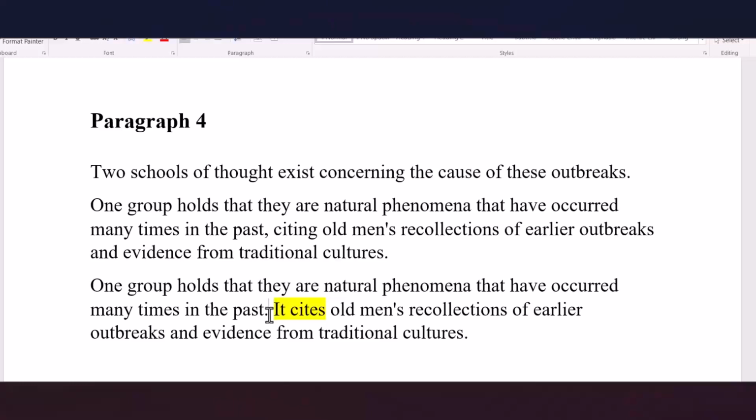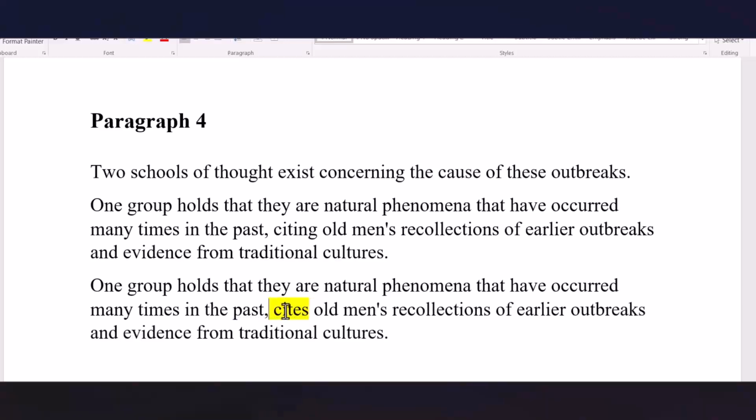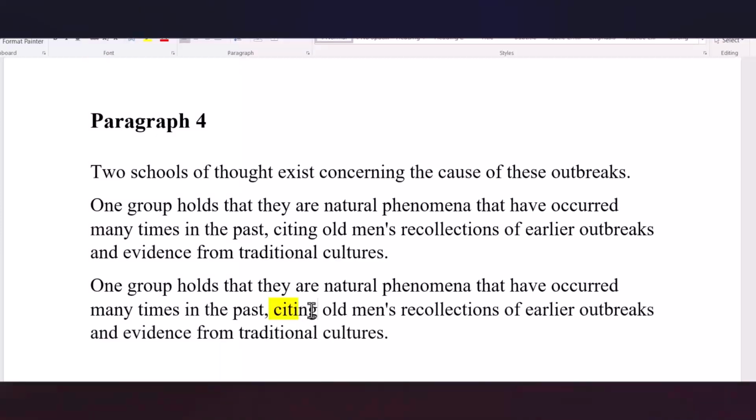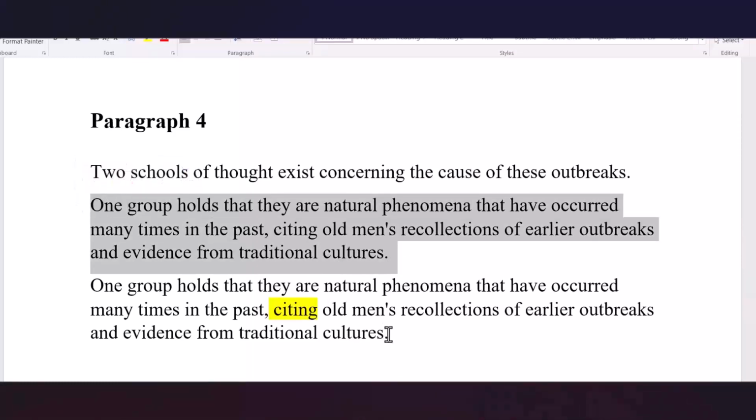Firstly, we remove the full stop and replace it with a comma, and remove the subject it here, and we change the form of the verb cite and turn it into its gerund, citing. And now we achieved this sentence.